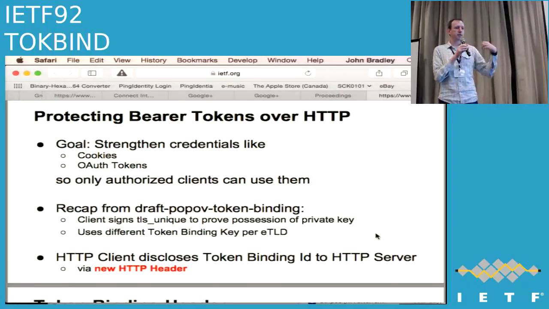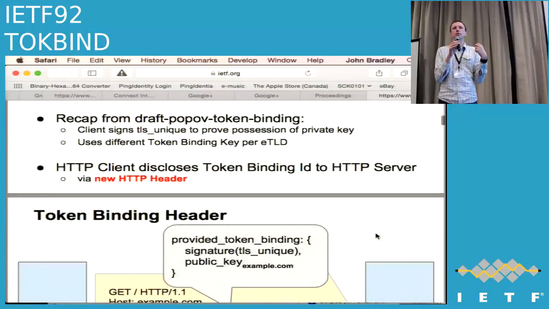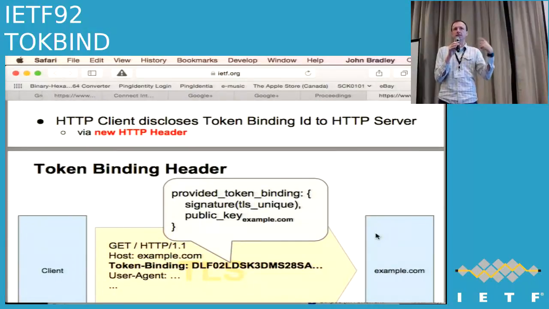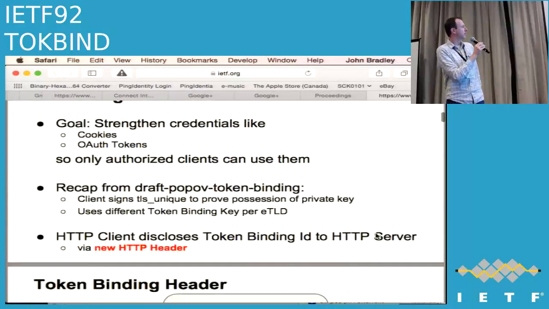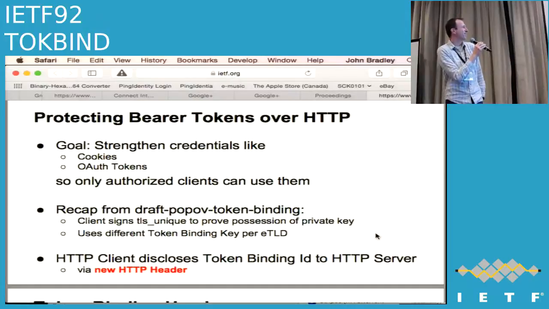And so the basic idea is that the client just sends along with the cookie or with the OAuth token a proof of key possession that the client does by signing over the TLS unique. And the client uses different keys for different servers that they talk to.